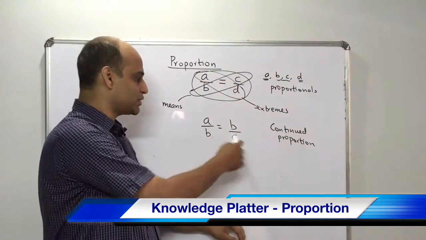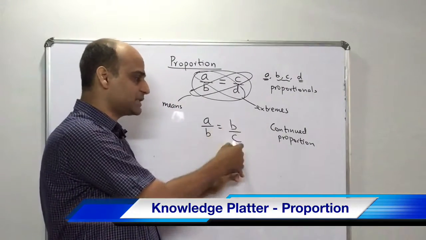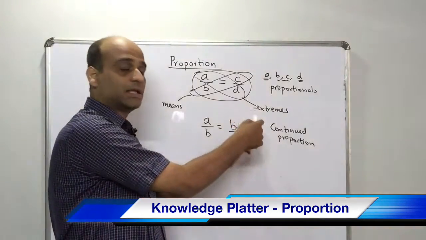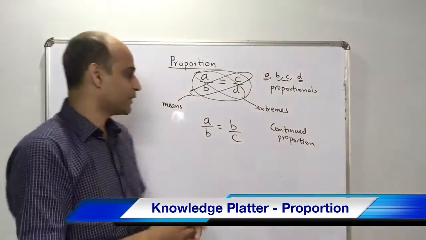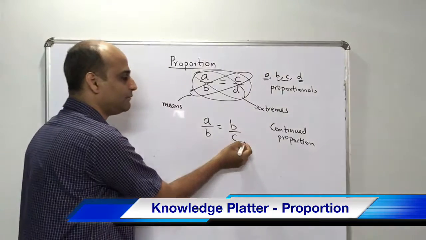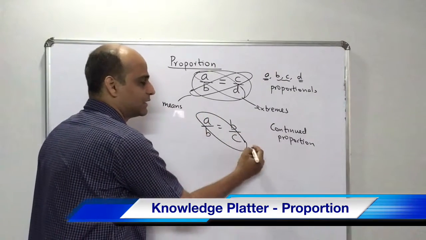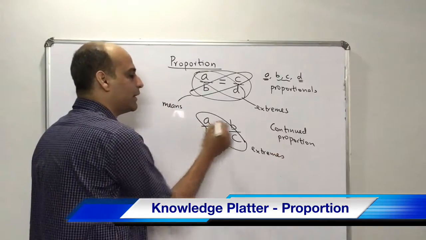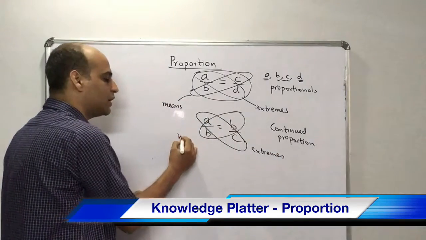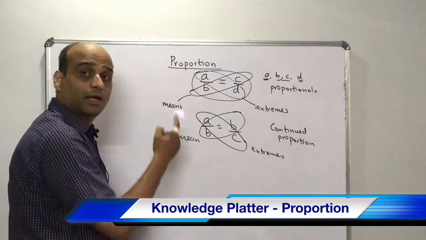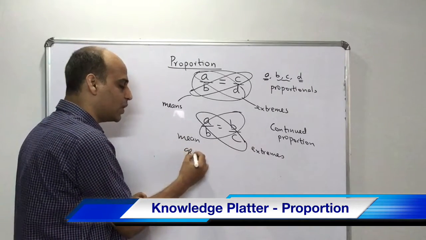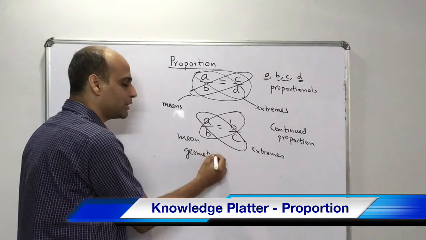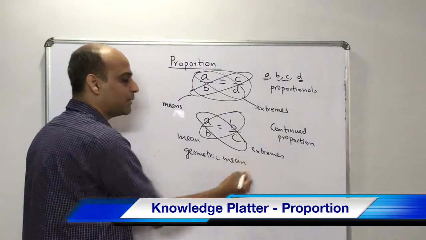So there is a continuation here, A, B, then B, C, further down it would be C upon D and so on. Okay, now in this case, A and C become the extremes, whereas B is called the mean. Now in this case, B is also called the geometric mean. Now if you cross multiply, what do you observe?